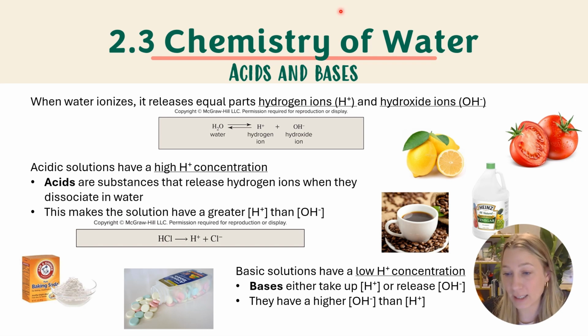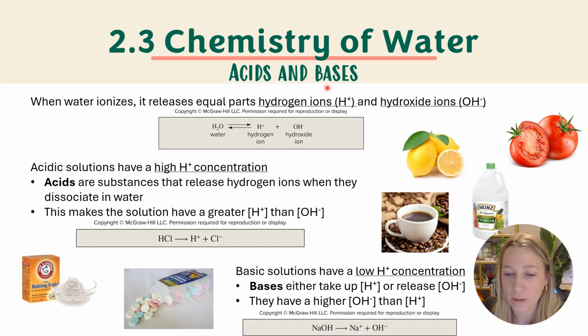Like stomach acid, the HCl that's shown here, helps to break down food, while bases in the small intestine neutralize that acid to prevent damage as things pass through the digestive tract. An example of a base, sodium hydroxide, when it ionizes, we're left with sodium and OH-. In this example, you can see how we have more hydroxide ion than hydrogen ions.